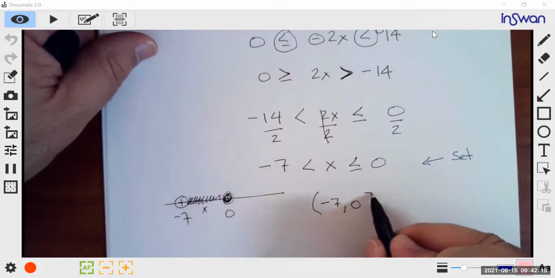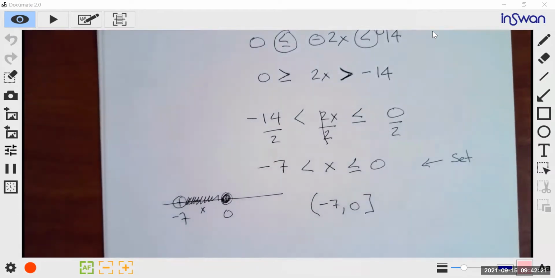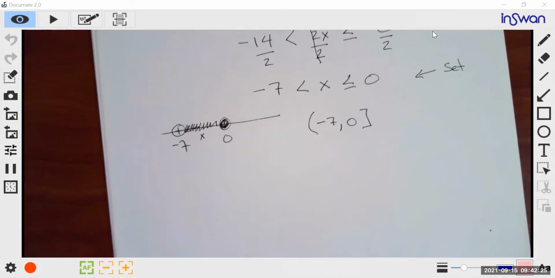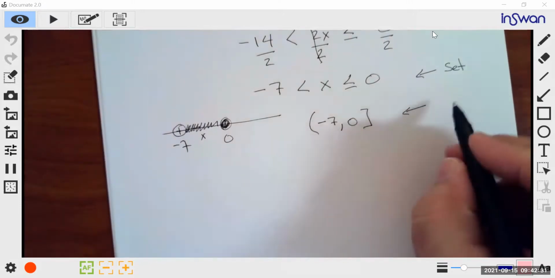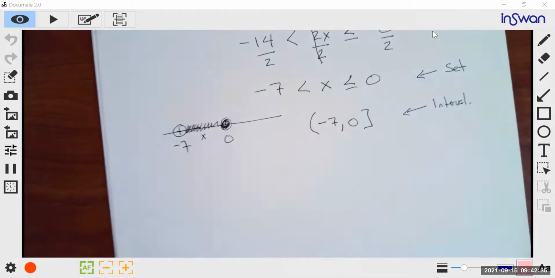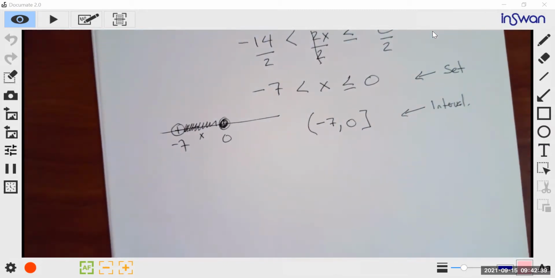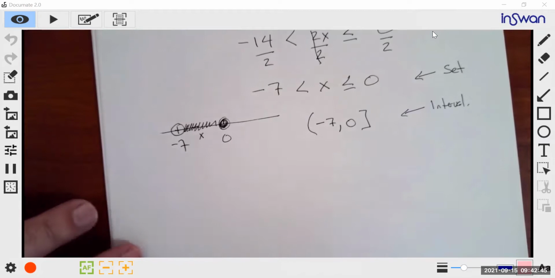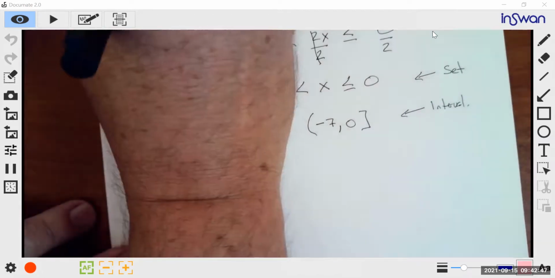And then closed is a bracket. So there's the interval notation. And that's what we did last time. So that was question number 1.